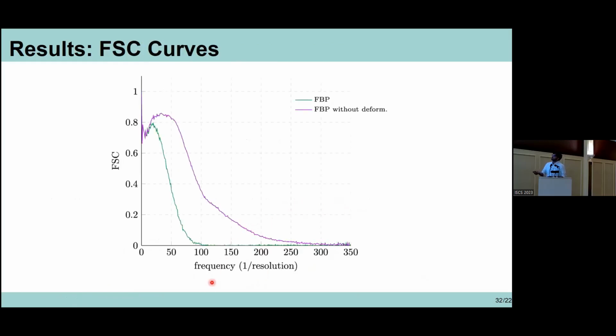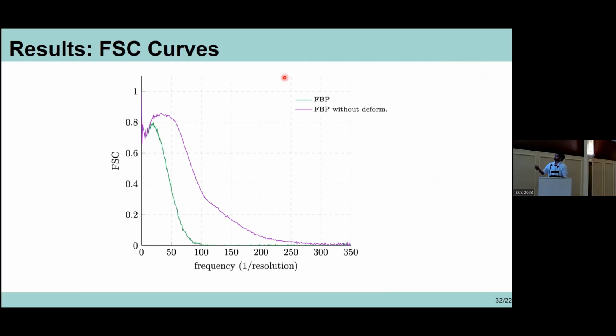Here the x-axis shows us the frequency, that's the radius of the shell. This also gives us the resolution, as a higher frequency component would mean more details are required, and this corresponds to the resolution of the volume. Since we do not use any kind of prior or regularizer in our reconstruction, we hope that FBP without any deformations in the volume is the best we could do.